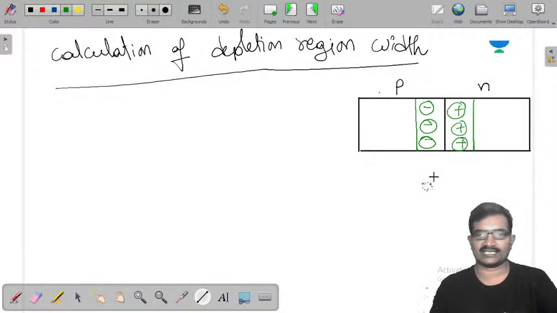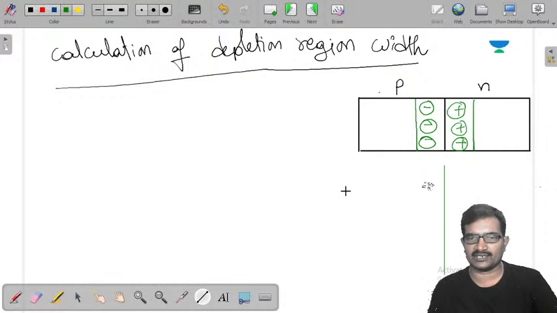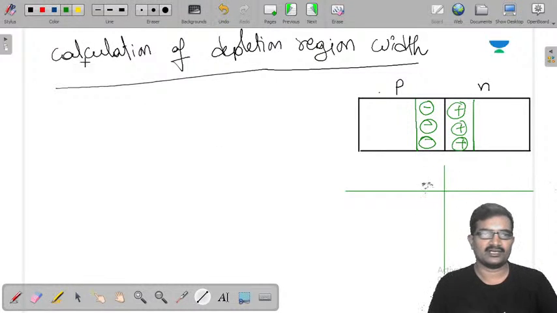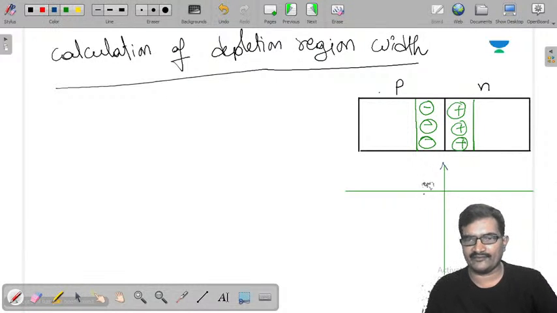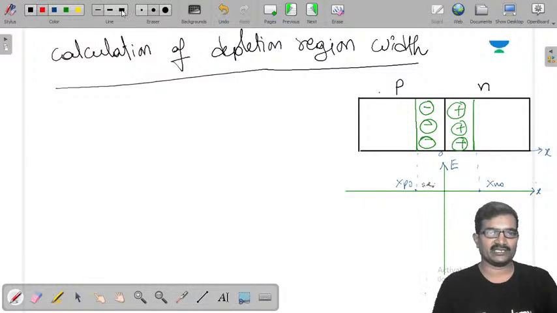For your better understanding, I am going to draw the electric field plot also. This is the electric field E of X, this is also the X junction 0, and these are XP0 and XN0. Now the plot is like this.